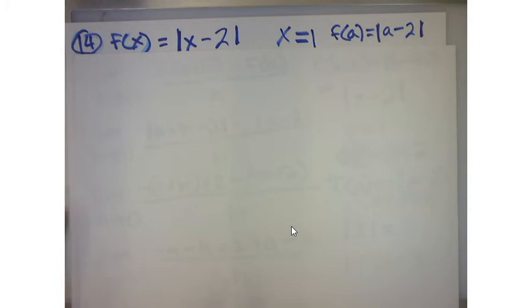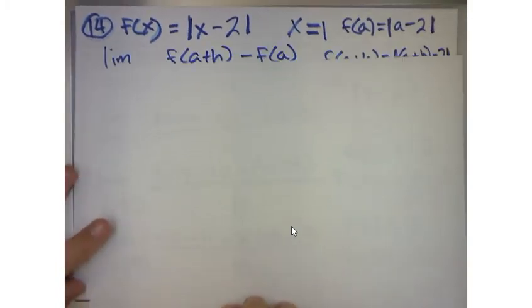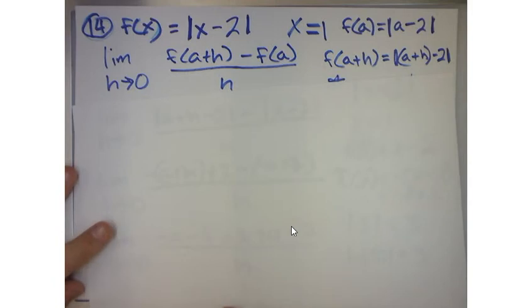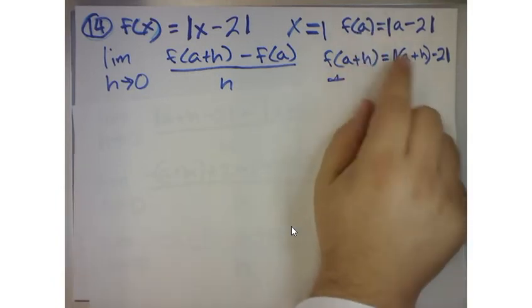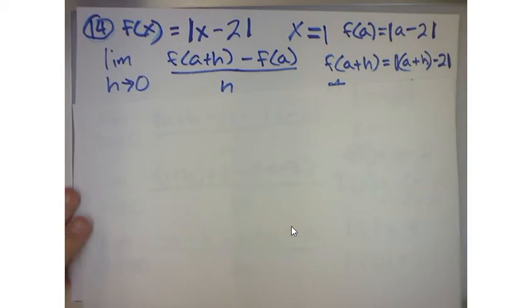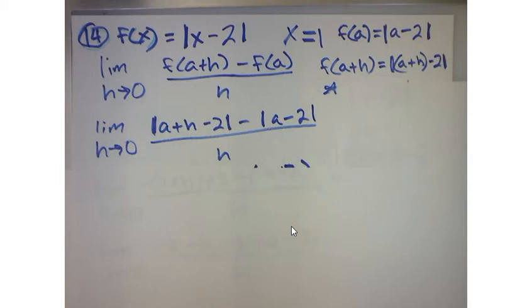So I said, all right, I know how to find the slope. I'm just going to plug it into this formula, and then I just need to write down f of a and f of a plus h.